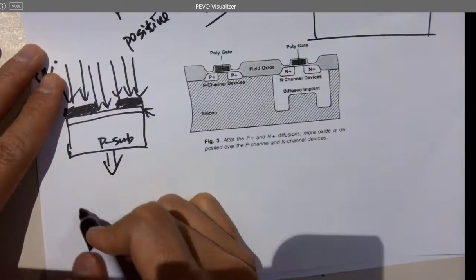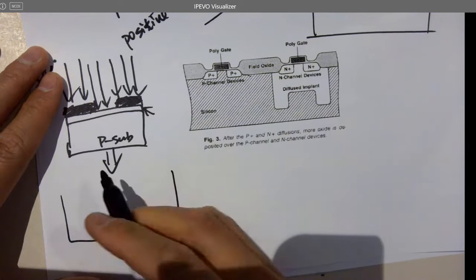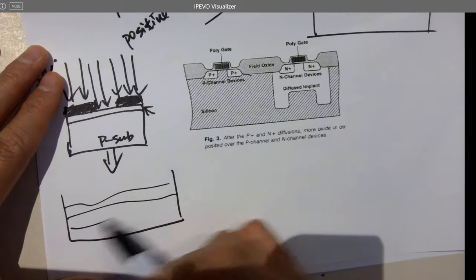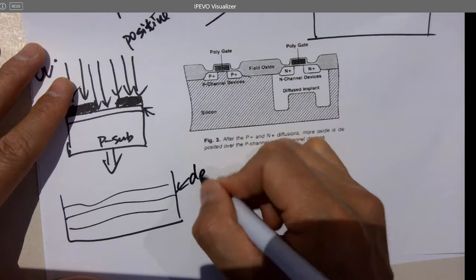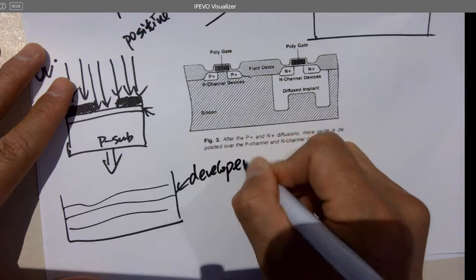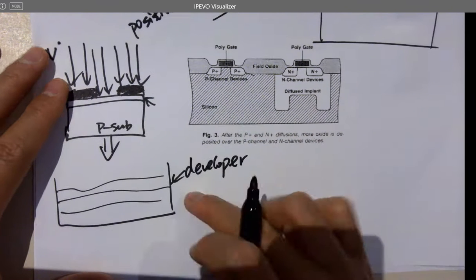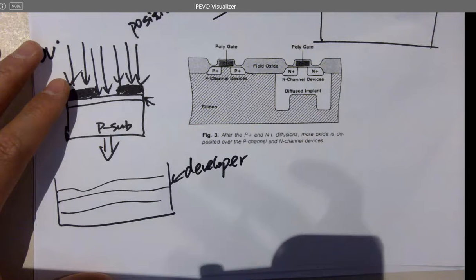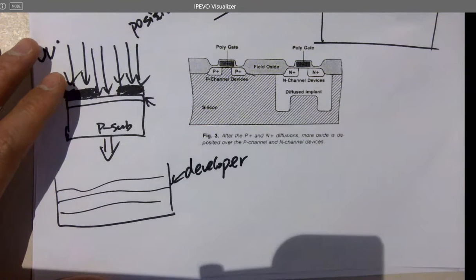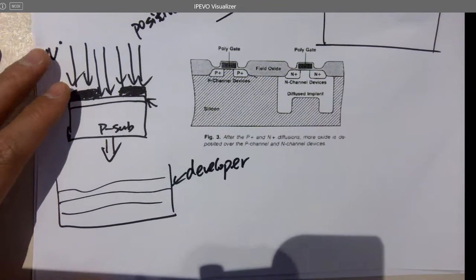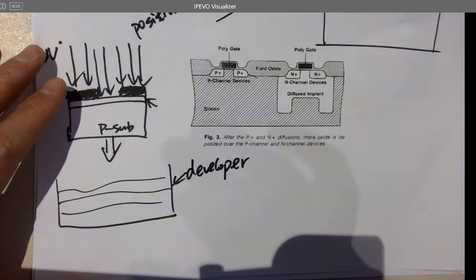And next step, I'm going to bring a beaker and use a chemical which stinks and is toxic as well. You want to keep this material called developer inside the hood. You'll never take it out from the hood. So developer is an organic solvent.